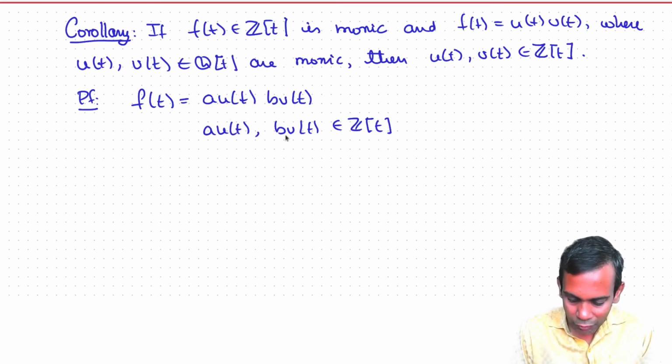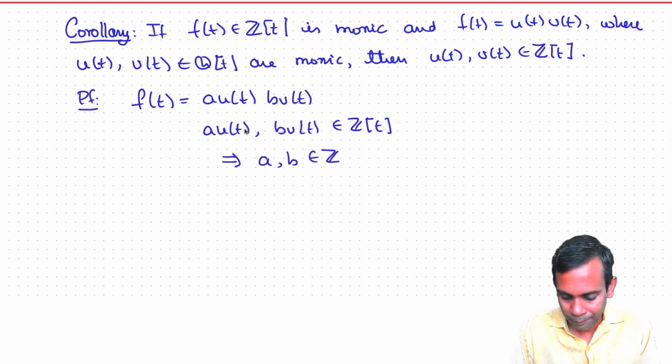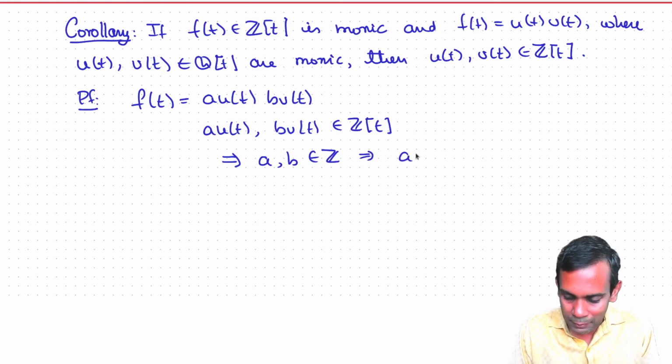The leading terms of a·u(t) and b·v(t) must be equal to 1. So this implies that a and b are integers. We know that a times b is 1, so this implies that a equals b equals 1.